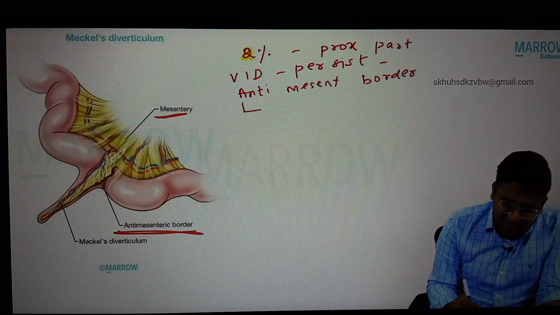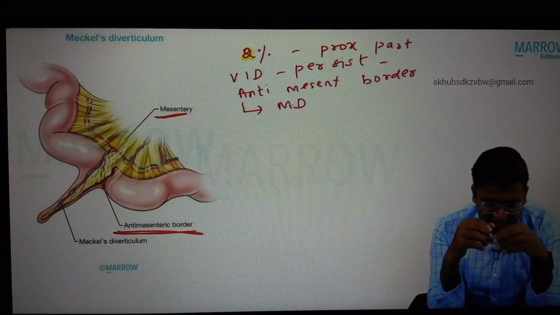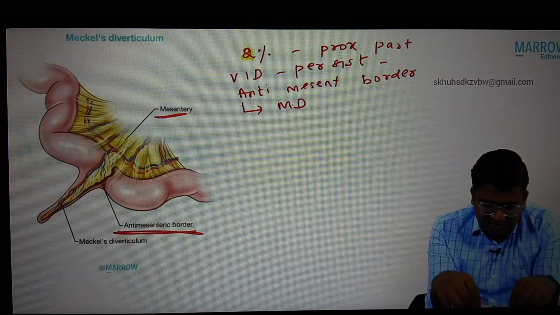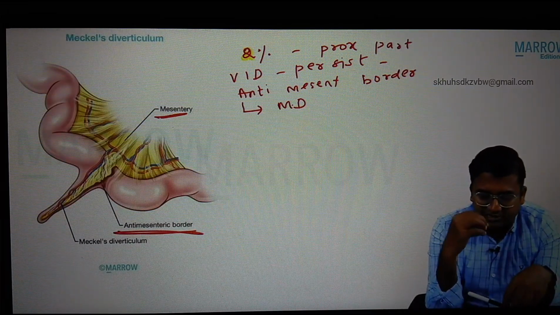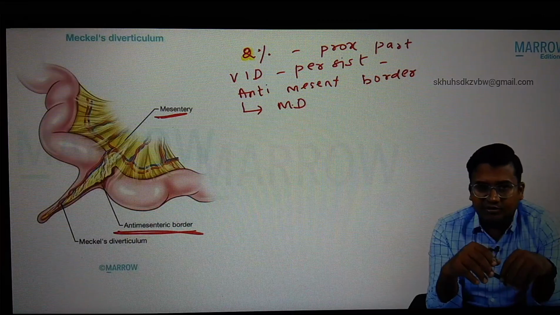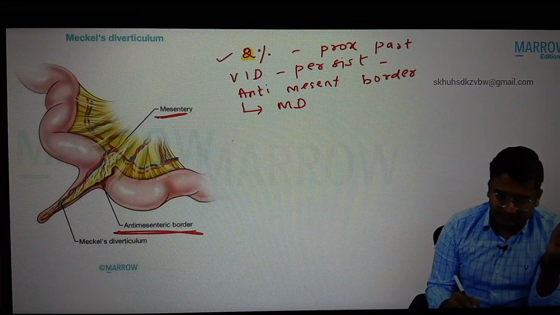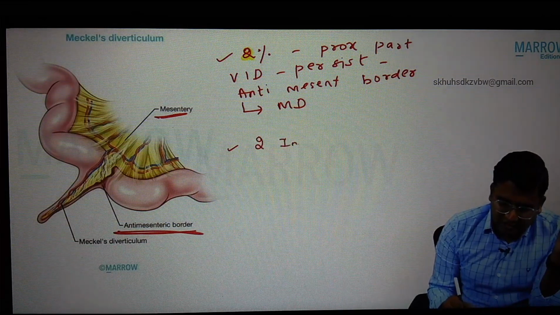It persists on the anti-mesenteric border and forms Meckel's diverticulum or ileal diverticulum. So Meckel's diverticulum is nothing but the persistence of the proximal part of the vitello-intestinal duct on the anti-mesenteric border. It is present only in 2% of the population. The length is 2 inches long.